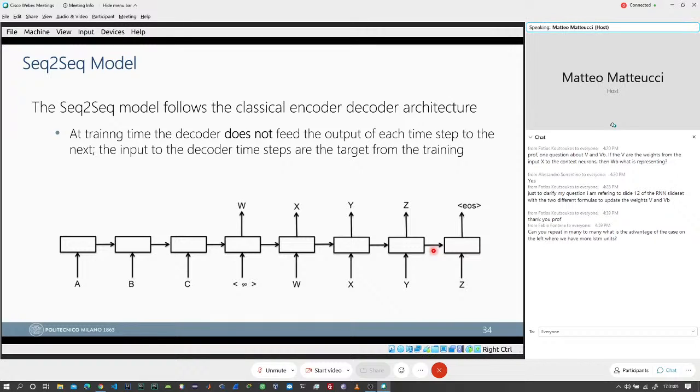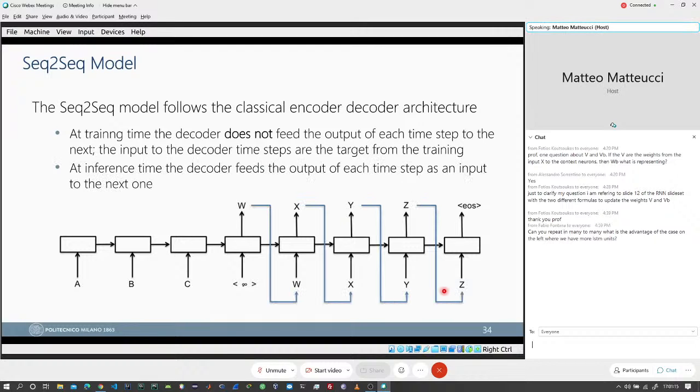At the training time, as you can see, you have this, you have this, and you have this as well. Now, what happens at testing time or at inference time? At inference time, you get your input sentence, ABC.